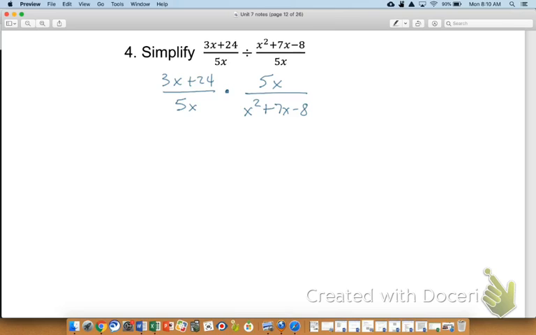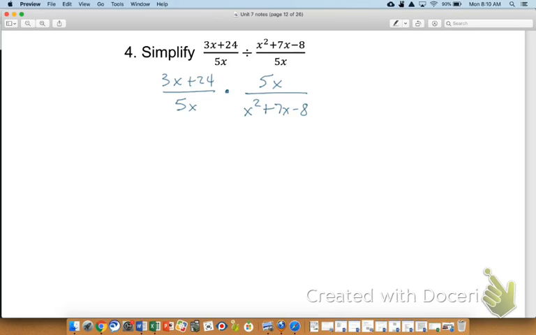So, if I'm going to be multiplying these together, I want to think about this. I'm going to be trying to reduce this at some point, right? And I think most of you have arrived at the idea that reducing ahead of time is a whole lot easier than reducing at the end. Yes.